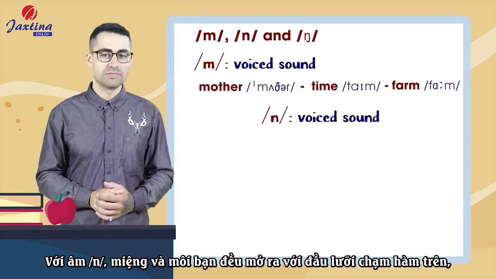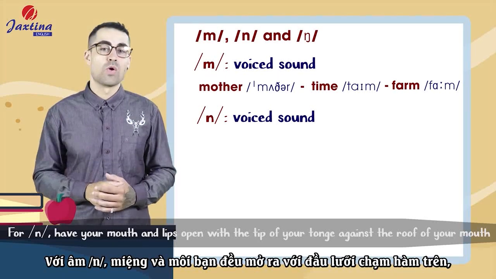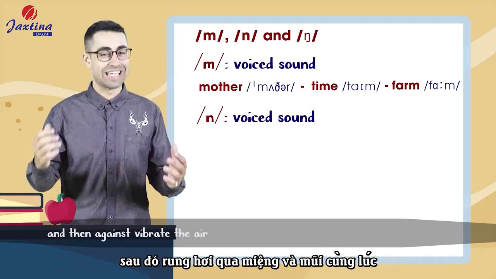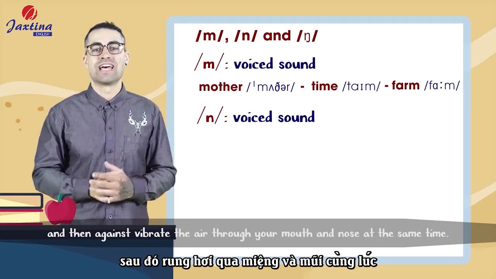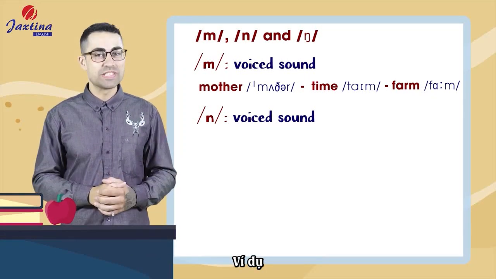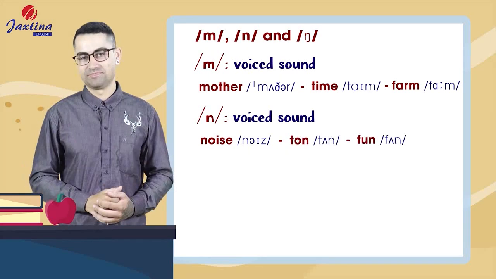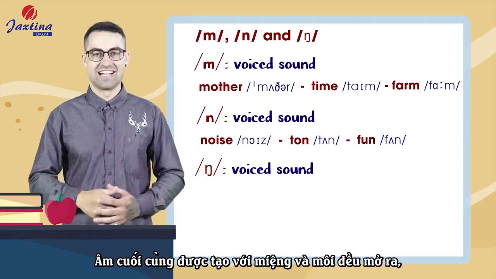Okay, now for n, have your mouth and lips open with the tip of your tongue against the roof of your mouth, and then again vibrate the air as it goes through your mouth and nose at the same time. Some examples: noise, ton, and fun. Finally is ng.